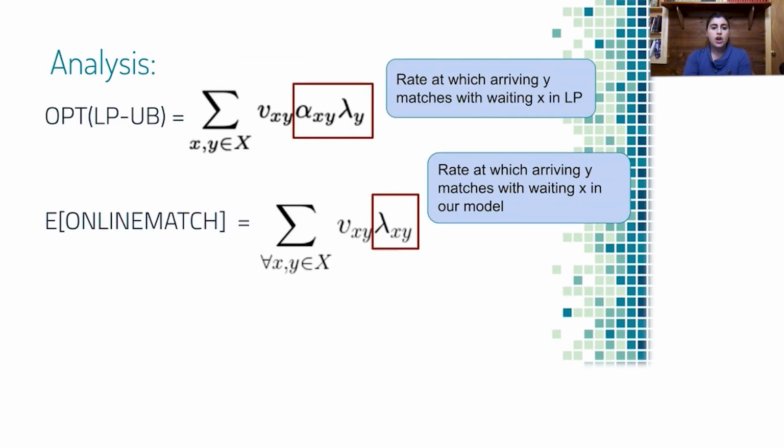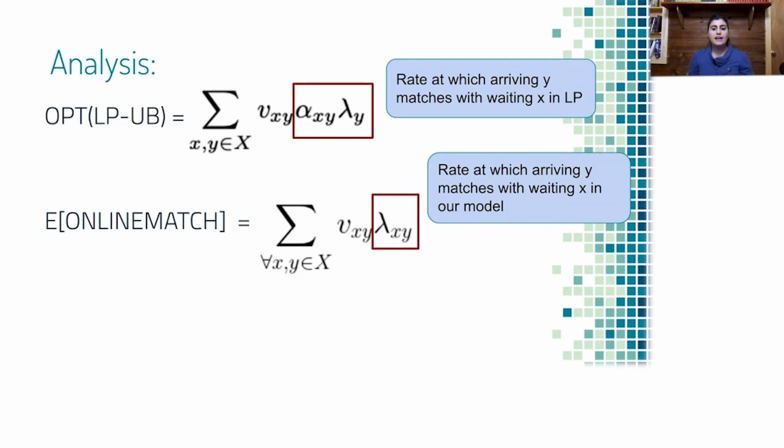Okay, so now let's talk about the connections between this opt and the value you might get by actually running online match. So if we go back to the LP upper bound, the idea was that for every single xy pair of types where we have our y arriving second, we're looking at the value imbued to the final match, of all the times that we have y arrive second and match to our waiting x.